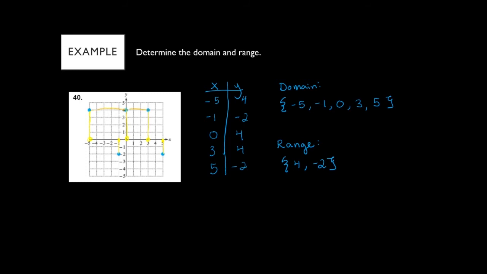If you draw them to the y-axis and then make dots, you can see that there's two numbers on the y. And so you can do it that way as well to determine your domain and range. And usually I will do this visually. I won't actually draw these points, but I'll look at it and that's how I do it. I don't make a table, but the table's really good when you're getting yourself organized.